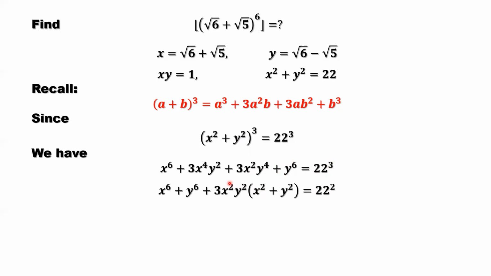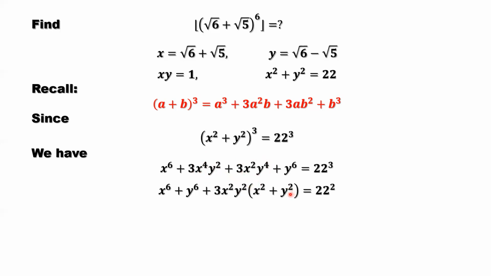Simplify. So look at the middle two items. What is the common factor? That's 3 x squared y squared. Factor 3 x squared y squared out. What's left for this? You have x squared here. For this, you have y squared.